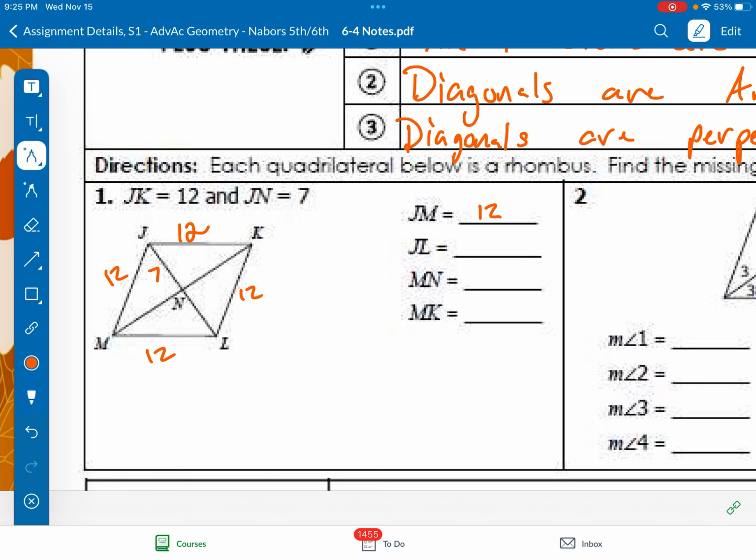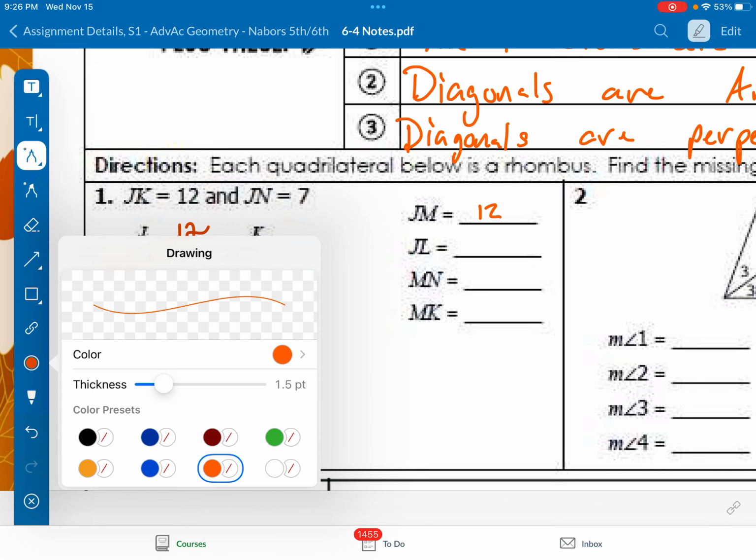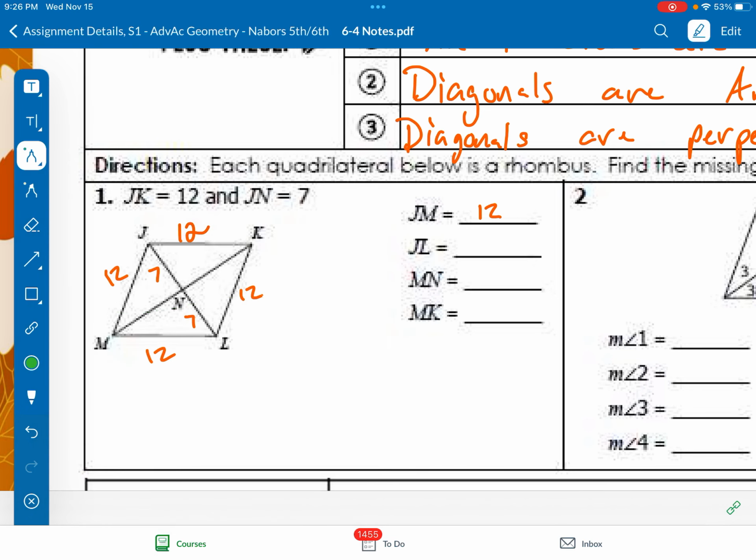Now we need to find these missing pieces here. We know since this is a quadrilateral, since it's a parallelogram, that this side NL is also 7. But again, not useful to us. Now here's a mistake. Don't do this.